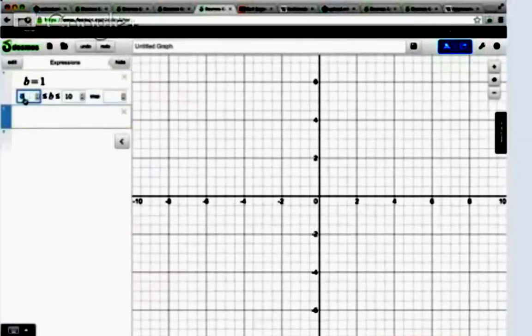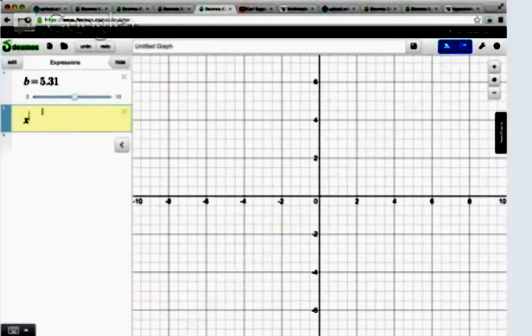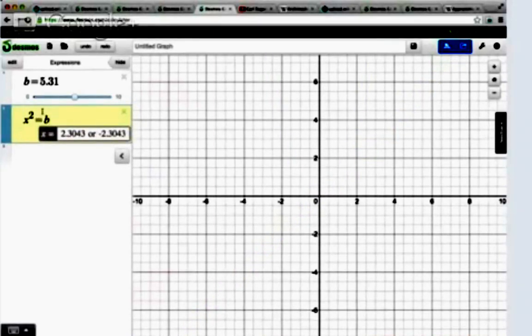So b can be anything. Let's make it something not too specific. So the square root of b is the number x such that x squared equals b. And Desmos helpfully tells us what that value is. So we could make b 9, and Desmos would tell us.